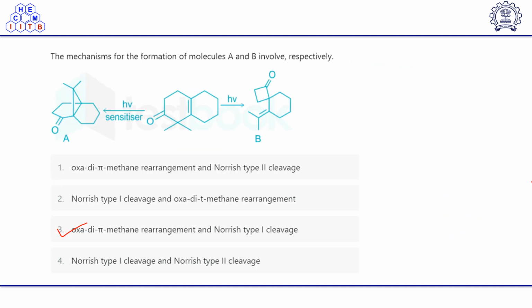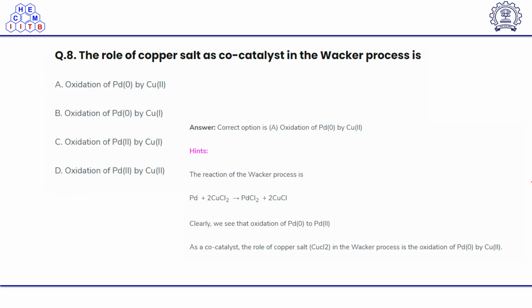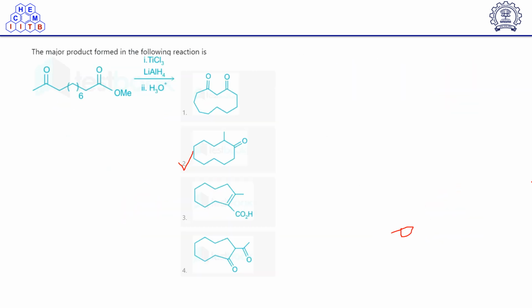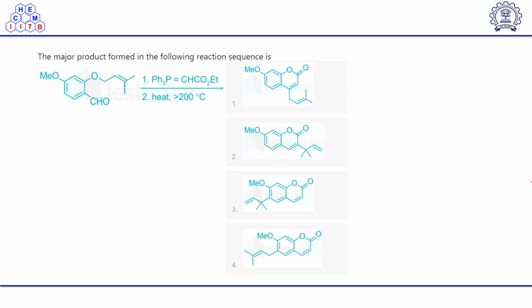So I think now we discussed, this is the third question. 1, 2, and 3. So this is McMurry coupling. I think it's clear. And the next question is the major product formed in the following reaction sequence.